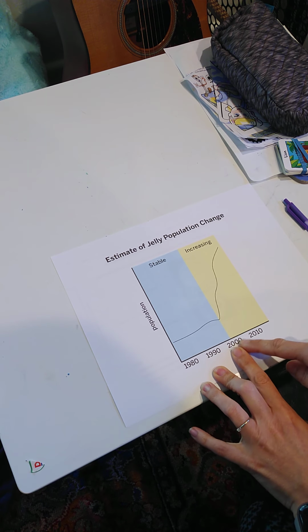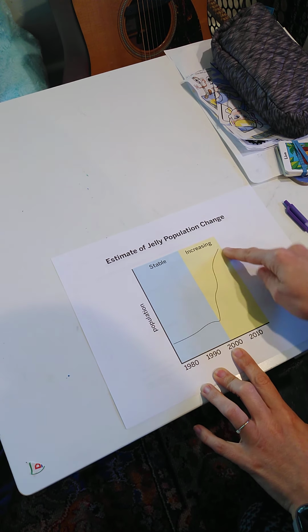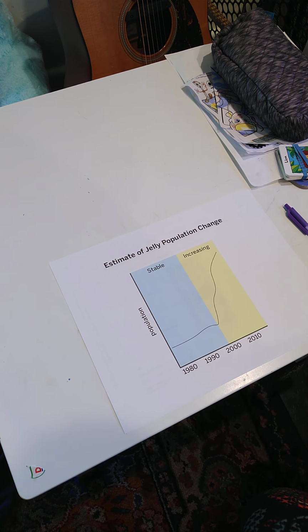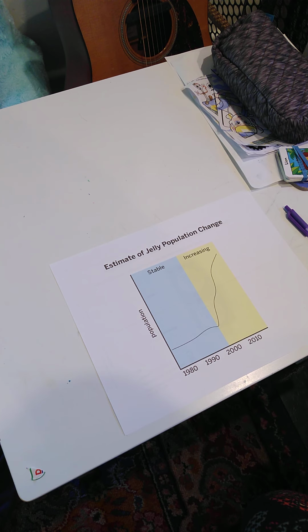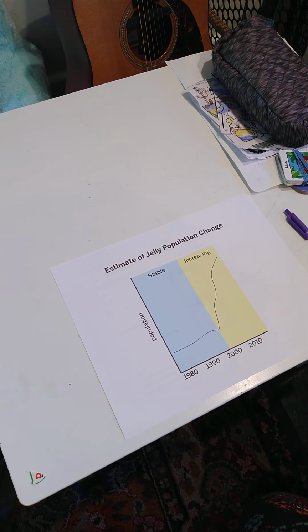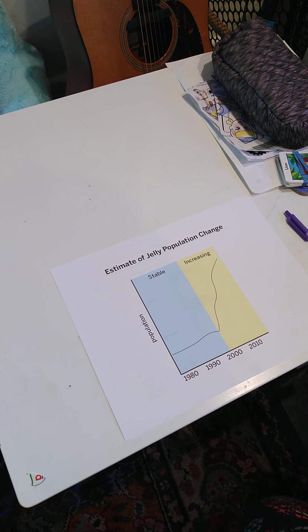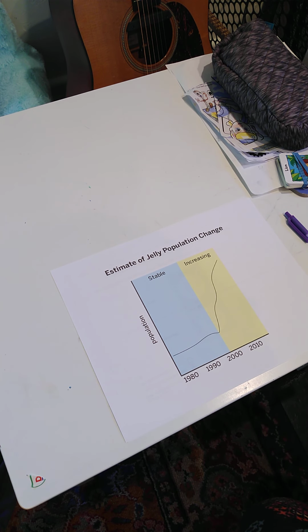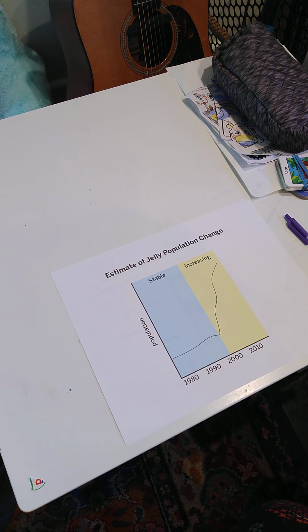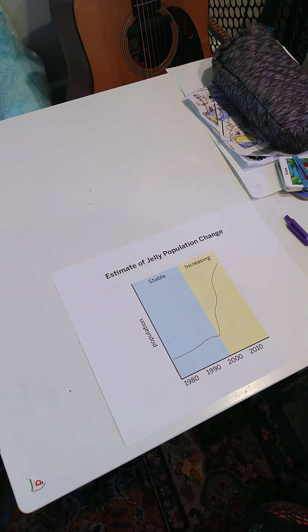And then from 2000 onwards, it has been increasing. You guys know that in this unit, we're trying to figure out why that population is increasing. Now, one of the things that scientists sometimes do when they're trying to figure out something is they use a visual model to show our ideas about why that population is changing in an ecosystem.